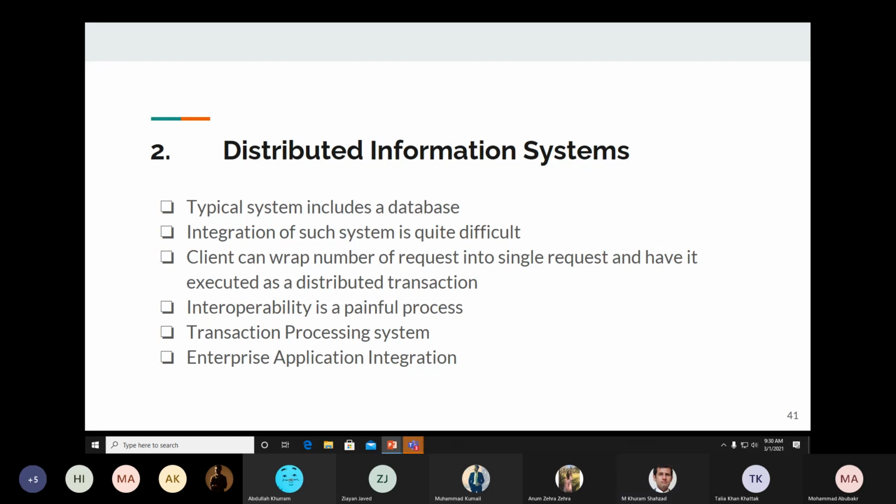A transaction means there should be different types of transactions being sent to different databases. So what kind of transaction can you give me as an example?